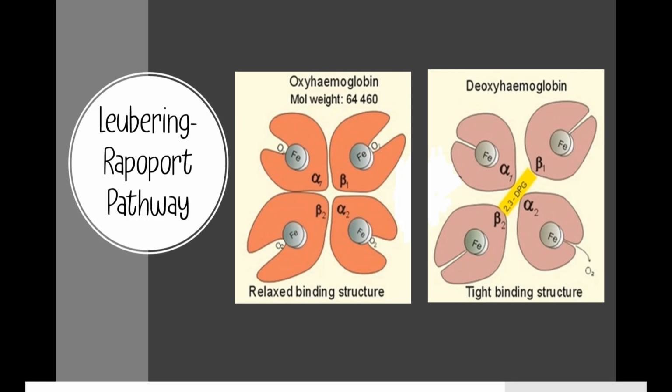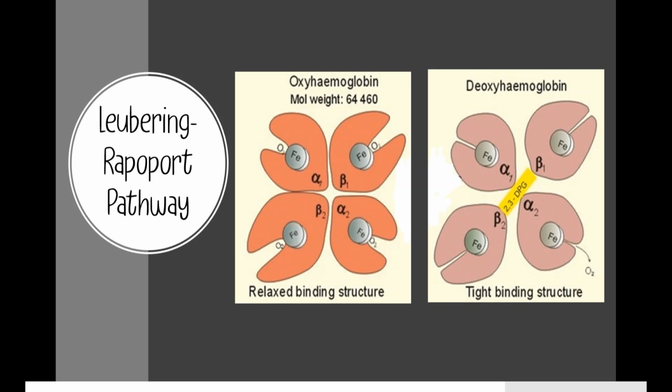So in other words, 2,3-DPG will be out of the picture because of the increased oxygen tension in the lungs. And when 2,3-DPG is out of the picture, the hemoglobin is now free to accept and bind with oxygen. So in the lungs, the oxygen can bind once again with the hemoglobin after 2,3-DPG is removed.